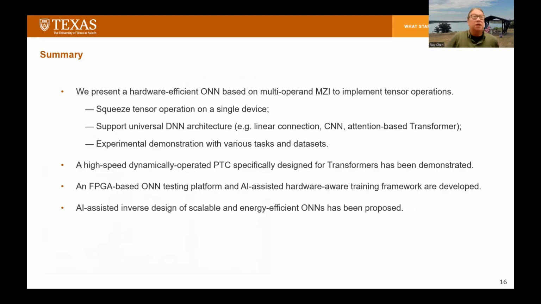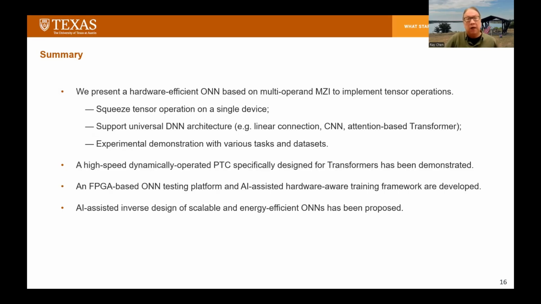So this is a summary slide. We present the OM-based multi-operand MZI, and a high-speed, dynamically operated photonic tensor core, specifically designed for transformers, has been demonstrated. We also have an FPGA-based optical neural network test platform, and an AI-assisted hardware-aware training framework has been developed.